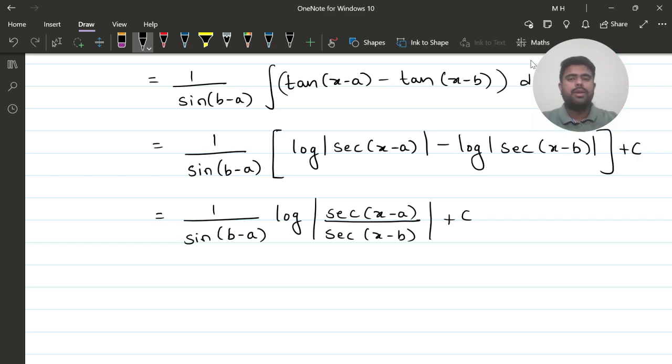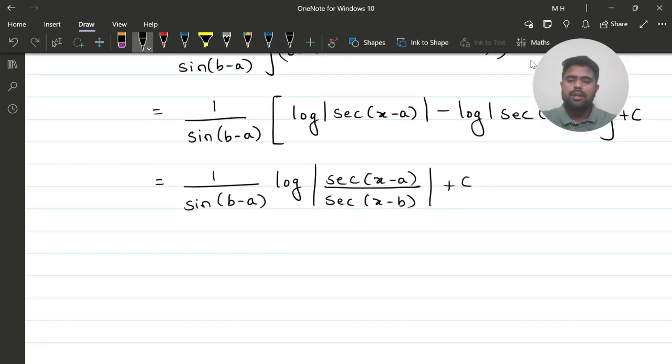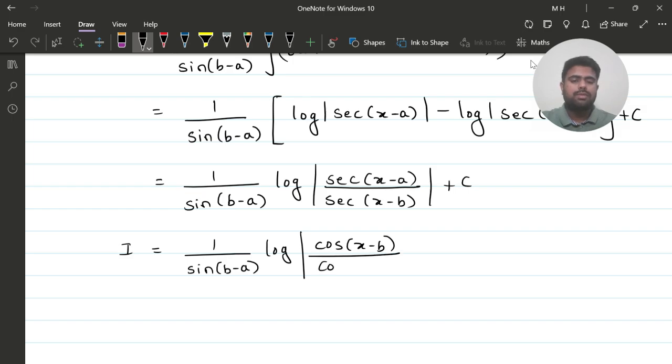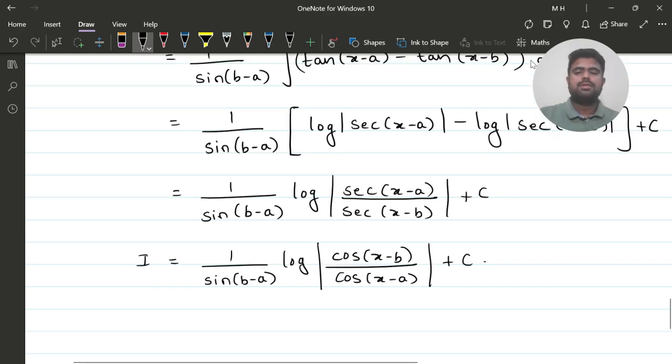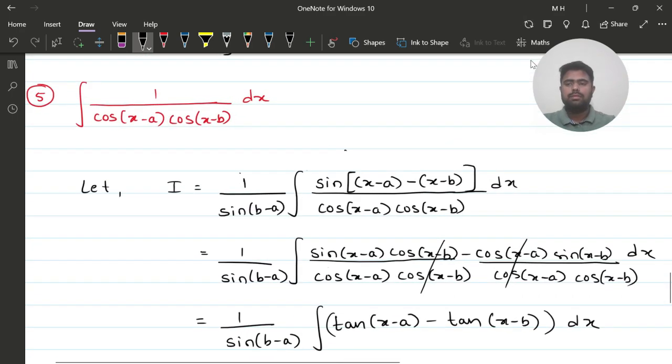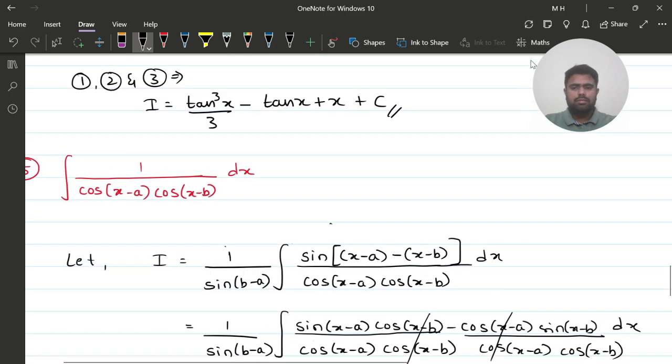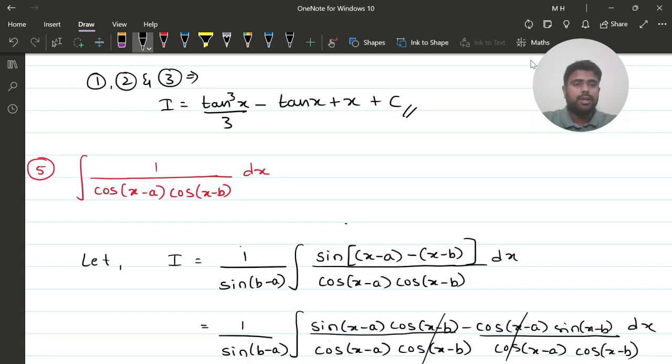Sec in the numerator goes to the denominator as cos, so I will just write I equal to 1 by sin of b minus a into log mod cos of x minus b divided by cos of x minus a, plus c. So this is going to be the integral. As you can see, this is not at all a difficult problem.